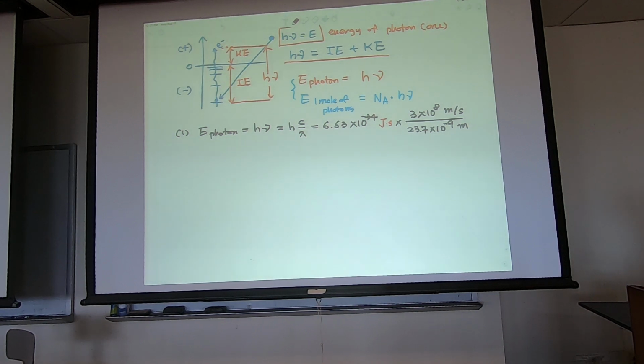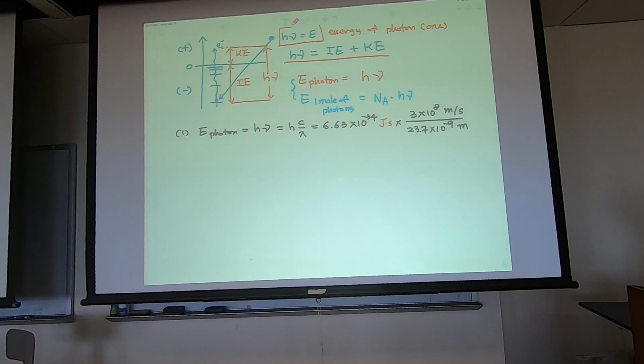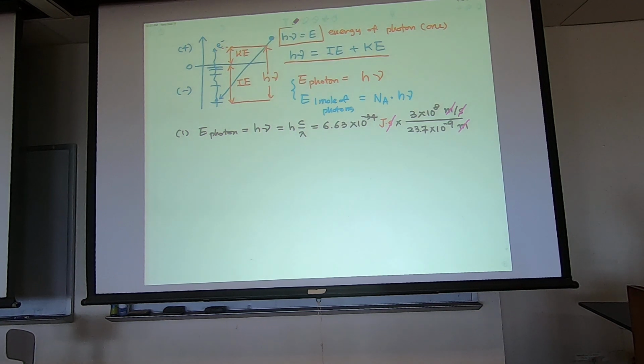If you look at the way it is written, you can also check yourself: second per second is gone, meter is gone. All you have left is a joule, right? So you plug in those numbers, and you will get the answer in units of joules. So that's another good thing to check here. And that's 8.39 times 10 to the minus 18 joule.